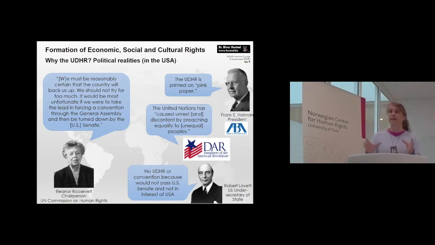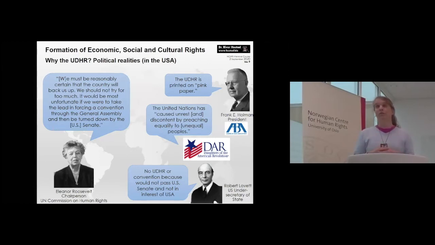And also inside the US, there were two forces that were pushing against human rights. One, this is just an example of a very powerful organization at the time who didn't like this concept of human rights. They said the UN was preaching equality to unequal peoples.